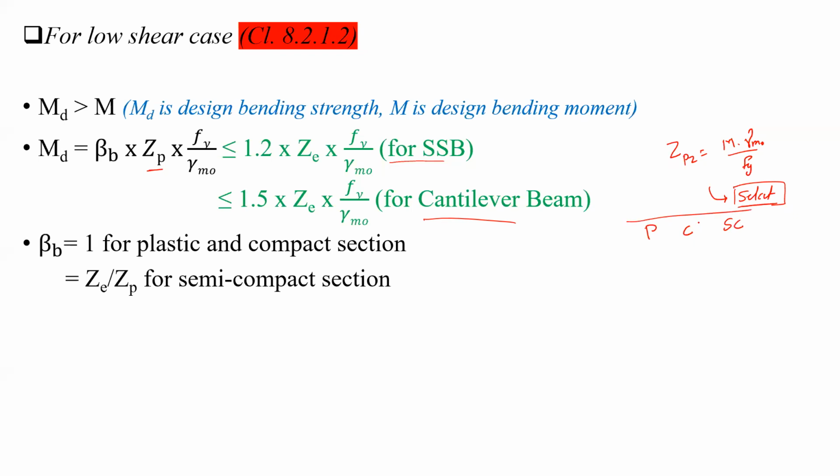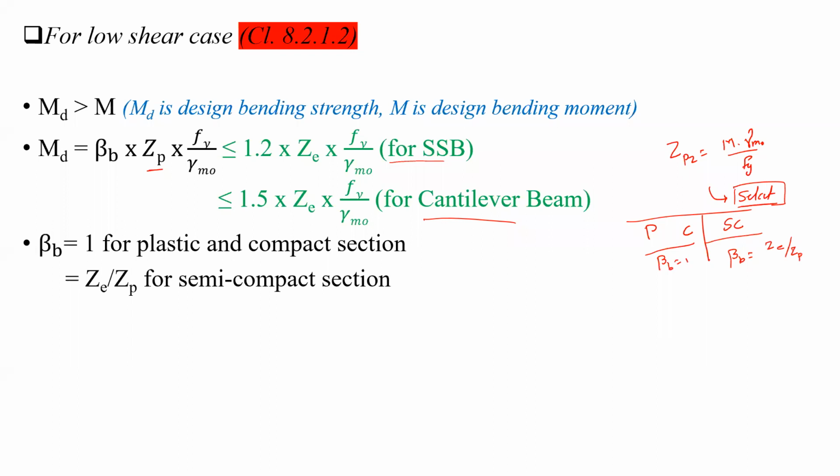If it is a plastic or compact section, directly you can take the beta B value as 1. If it is a semi-compact section, the beta B value has to be calculated as the ratio of elastic section modulus to plastic section modulus. Remember, the elastic section modulus is obtained from Annexure H of IS 800:2007. However, we'll check while solving the problem.